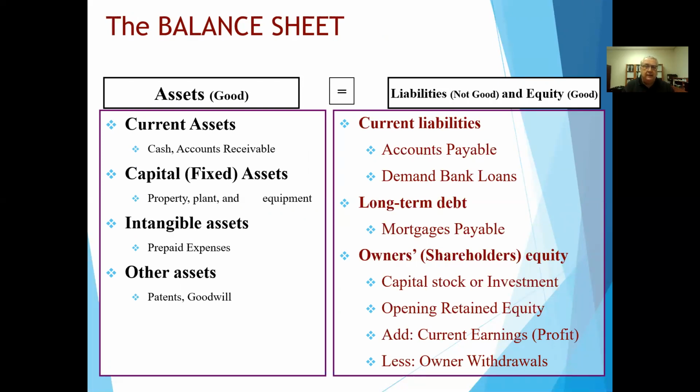And basically, when we hear the word current, like a current asset, it means any asset that can be converted to cash within the next year. A current liability is something we have to pay within the next year. And then, long-term assets like fixed assets are assets that you have for longer than 1 year and can't readily be converted to cash.